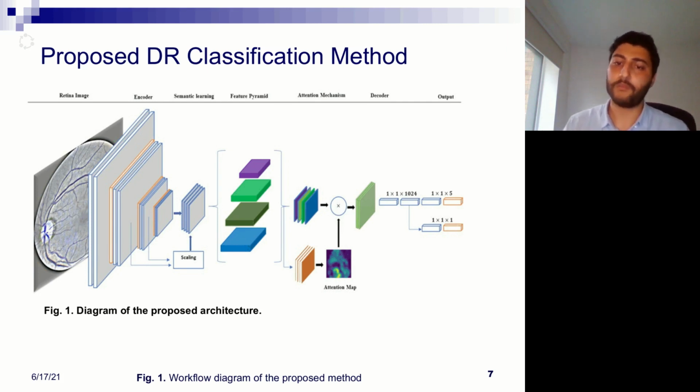We scale them and put them together to generate a multi-level representation, as shown here in the semantic learning. And then on top of that, we use the idea of atrous convolution.